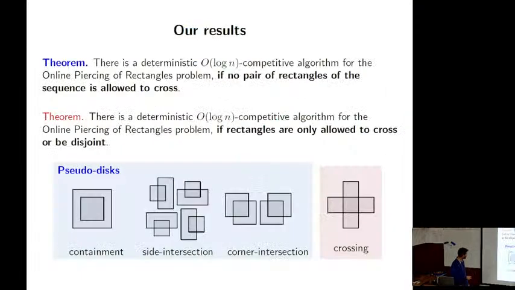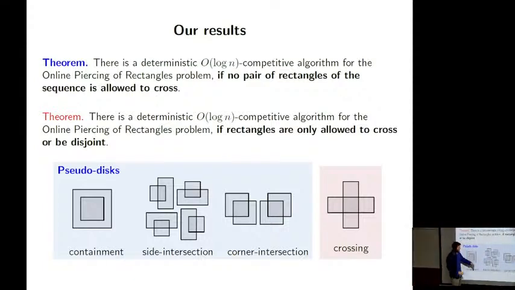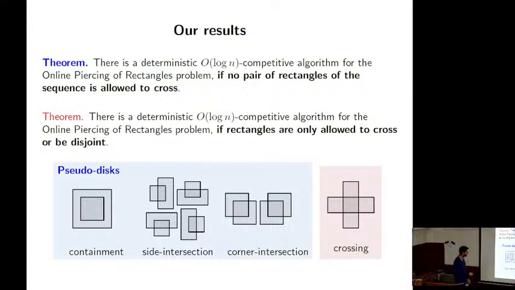What we proved is not for rectangles in general, but we looked at the different types of intersection that 2 rectangles can have. Either one is contained in the other one, or we have side intersections. The other possibility is corner intersections, and the last one is crossing. It turns out that the difficult case is crossings. So we thought, what if the adversary cannot make any crossing in the sequence?